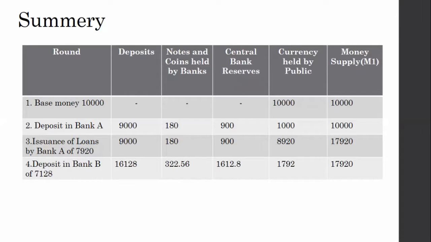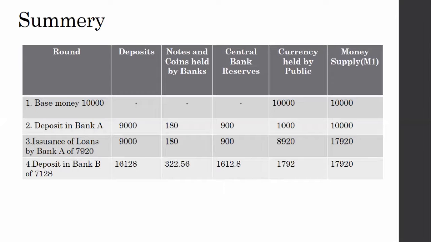So the step 4, the additional money here will be deposited in bank B. So out of the additional 7,920, again 10% will be kept as the currency. So from 7,920, 10% means 792.